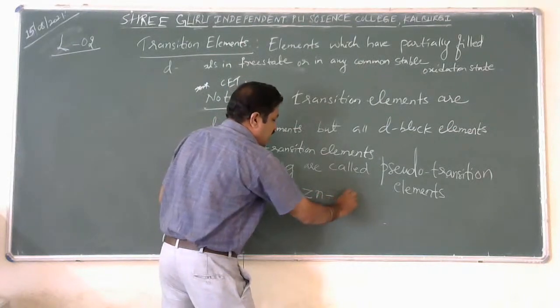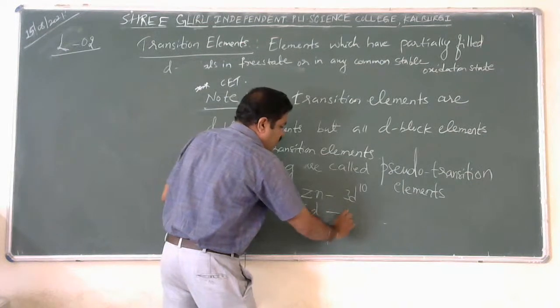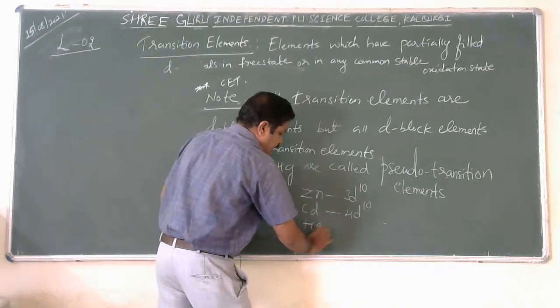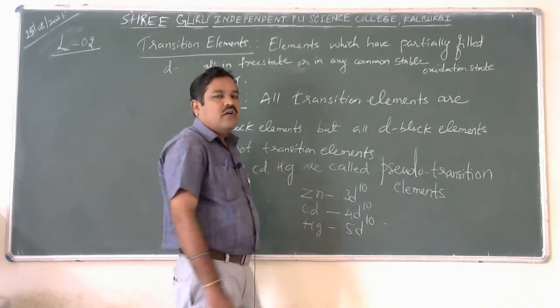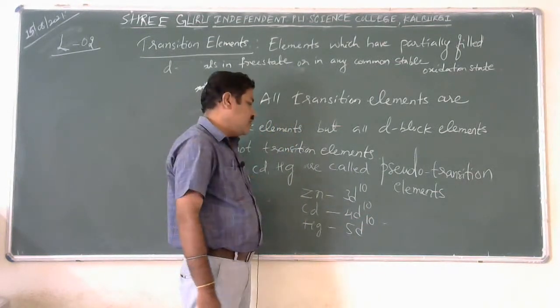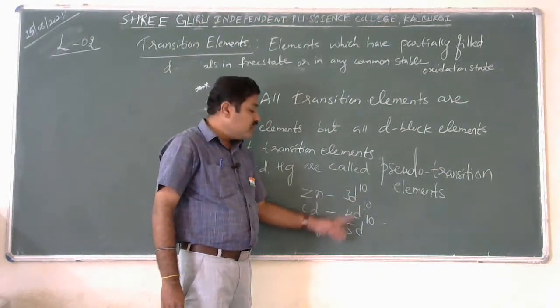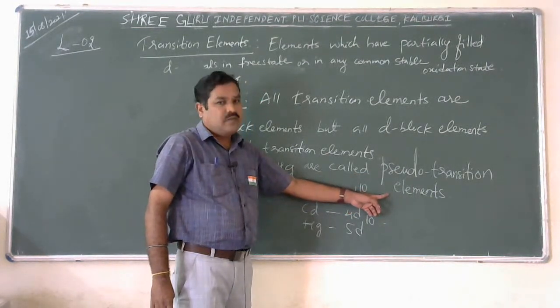In zinc it is 3d10, cadmium 4d10, mercury 5d10. The d orbitals are completely filled, neither in their free state nor in their common oxidation state do they have partially filled d orbitals. They have completely filled d orbitals, so they are called pseudo transition elements.